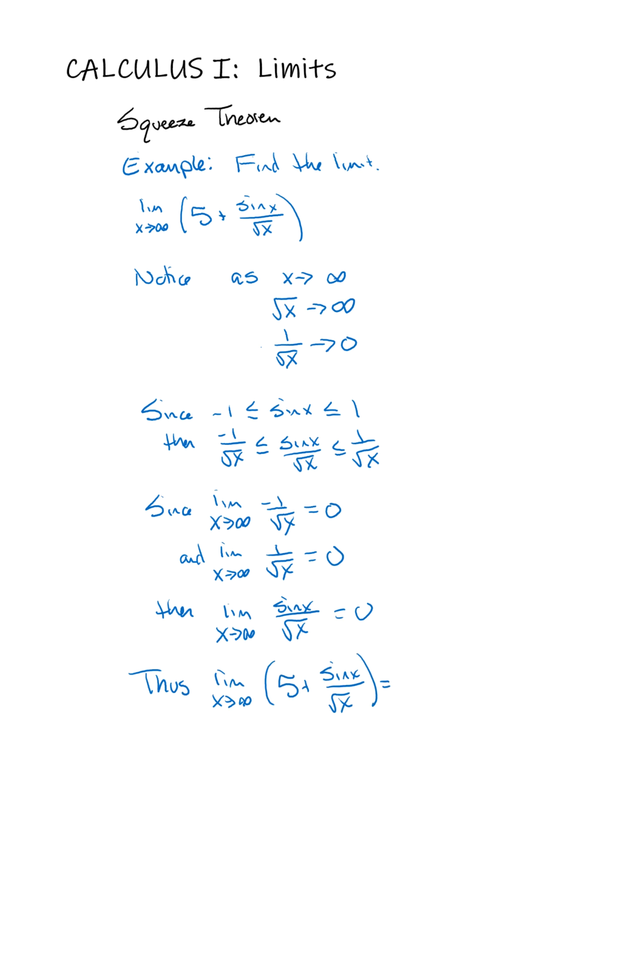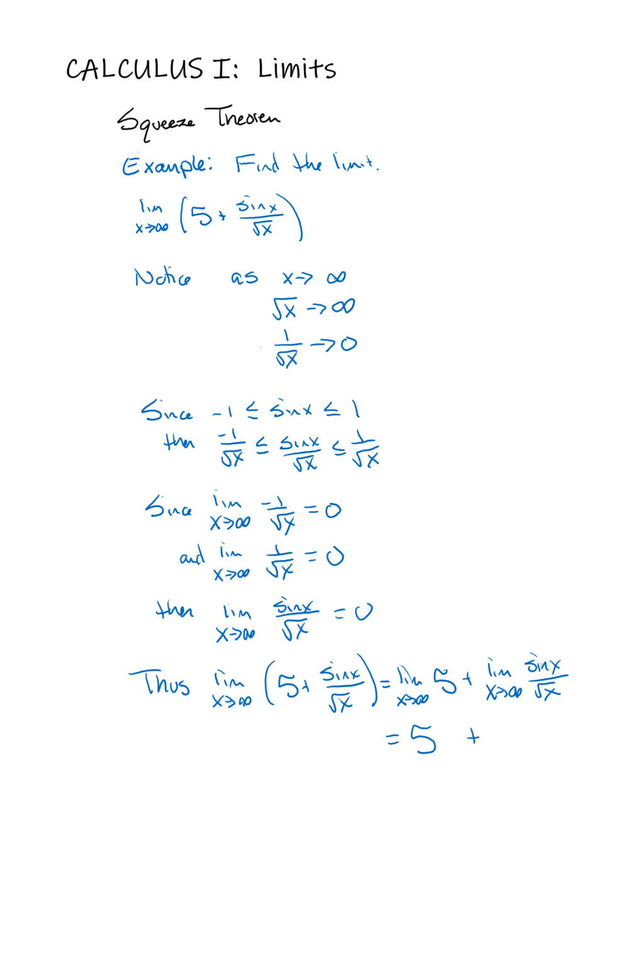first, using properties of limits, we know that this is equal to the limit as x approaches infinity of 5 plus the limit as x approaches infinity of the sine of x over the square root of x. We know that the limit as x approaches infinity of 5 is 5, regardless of what x is. Our function is a constant, and it remains at 5. And we just learned that the limit as x approaches infinity of sine x over square root of x is equal to 0.